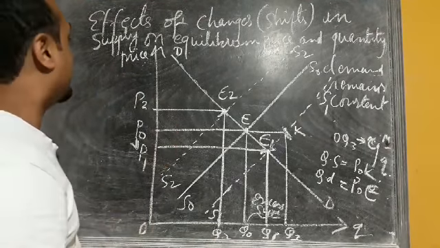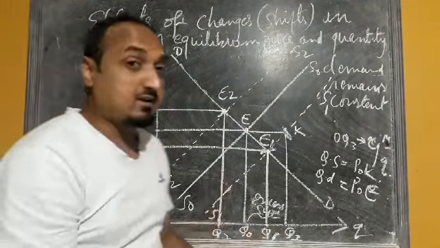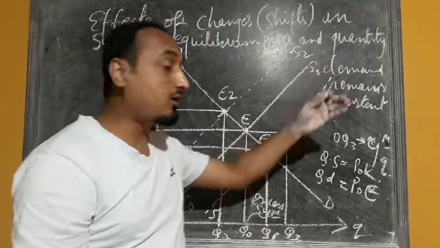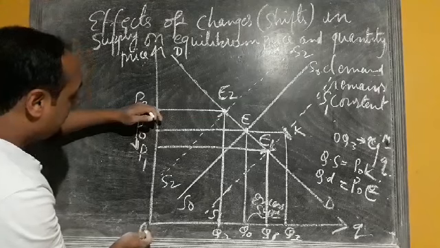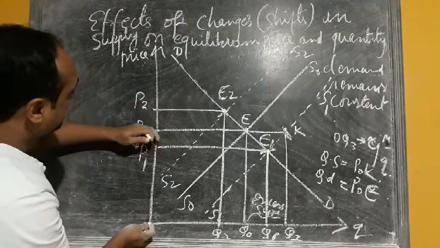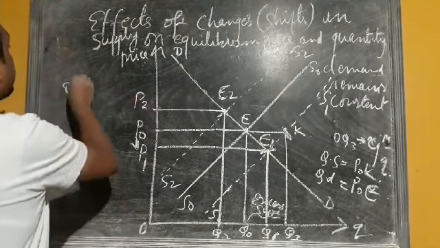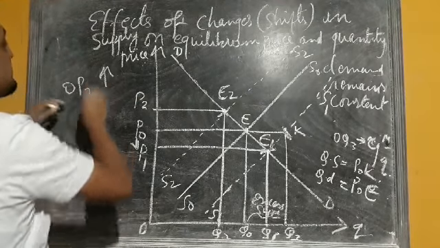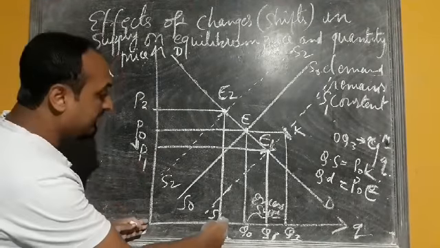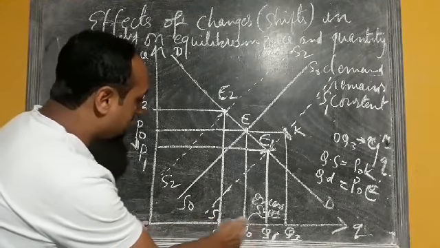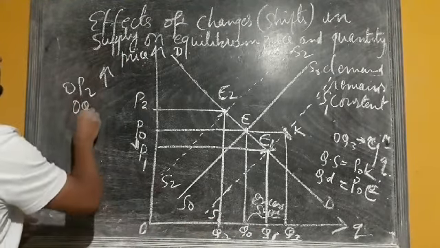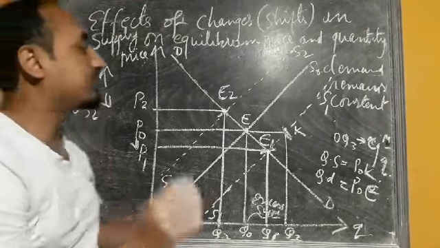So when the supply curve shifts leftward, we are getting new equilibrium point E2 where the equilibrium price is increasing from OP0 to OP2, and the quantity is decreasing from OQ0 to OQ2.